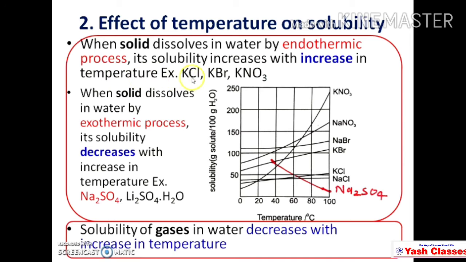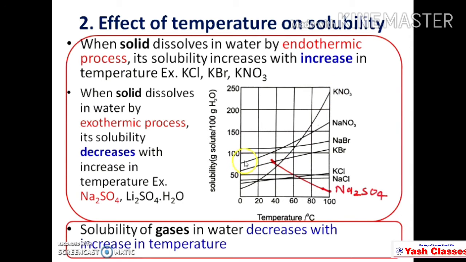For example, KCl, KBr, KNO3. In these solids, solubility increases with increase in temperature. Now look at this diagram or graph. Here the solubility of solute is plotted versus temperature. For KNO3, you can see that as the temperature increases, its solubility increases and it reaches a maximum value at 100 degrees centigrade.